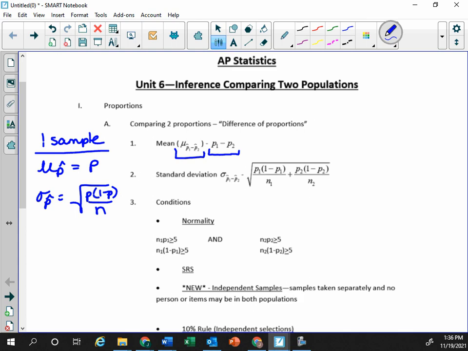Mu of p-hat and then sigma of p-hat. So you can see when we have 2 proportions here, it's very similar. You're just adding in another proportion. So you've got your first proportion, your second proportion. That's all we're doing. We're combining right now, okay?